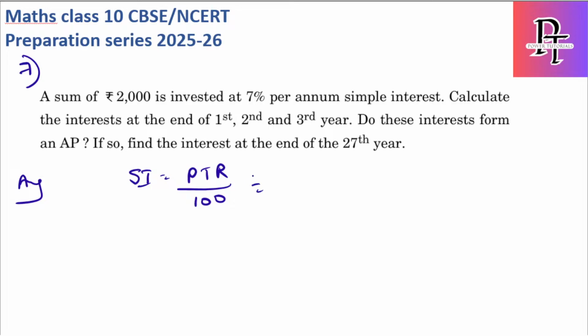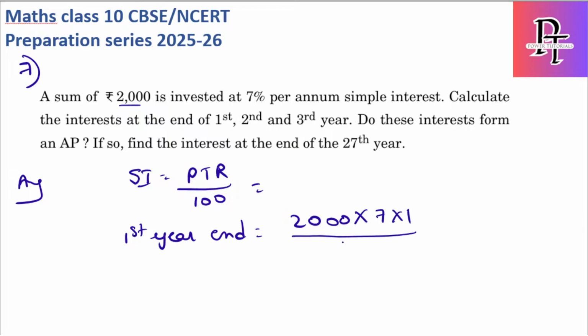Here they have mentioned the principal is 2000. So at the end of the first year, what will be the simple interest? It will be 2000 into 7 into 1 by 100. So how much will I get?